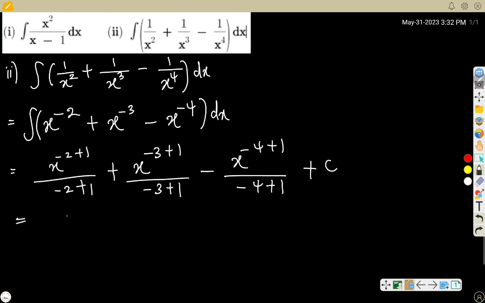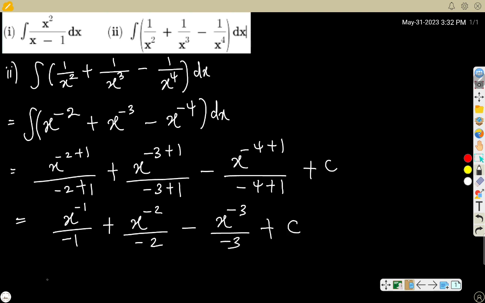So this becomes x raised to power minus 1 over minus 1, plus x raised to power minus 2 over minus 2, minus x raised to power minus 3 over minus 3, plus c.